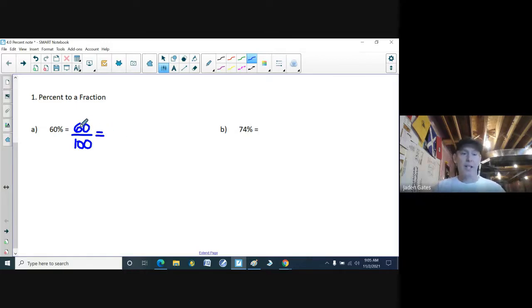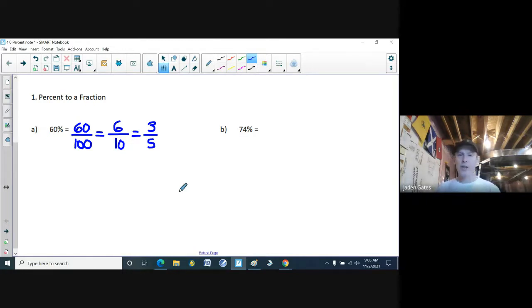If I take 60 and divide it by 10, I would get 6. If I take 100 and divide it by 10, I get 10. But this is not lowest terms because both numbers are even, so I can divide both numbers by 2. 6 divided by 2 would be 3, and 10 divided by 2 would be 5. And so 60% as a fraction would be 3/5.